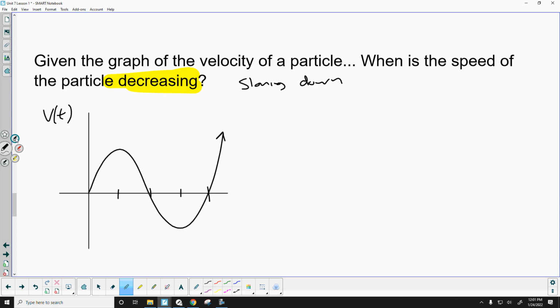You can do your full-on sign analysis, or you can think of your two situations where you could be slowing down. Slowing down is velocities of positive 5, 4, 3, 2, 1. Positive velocity that's decreasing, or negative velocity, negative 5, negative 4, negative 3, negative 2, negative 1. That's a negative velocity that's increasing.